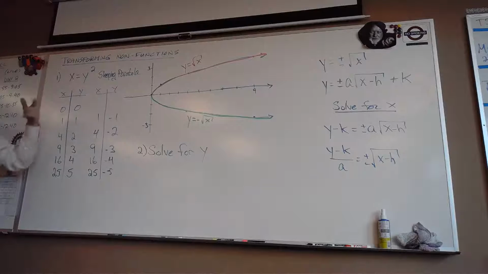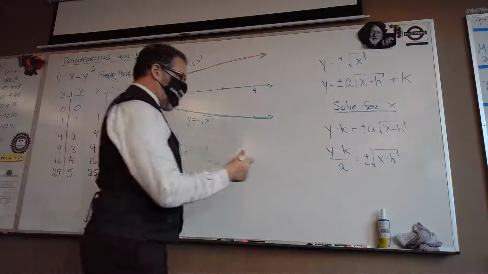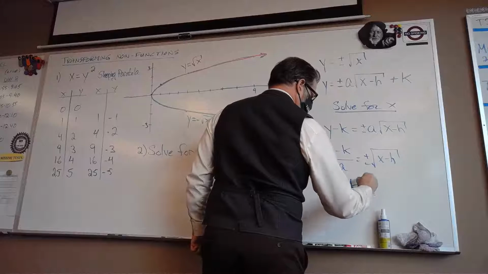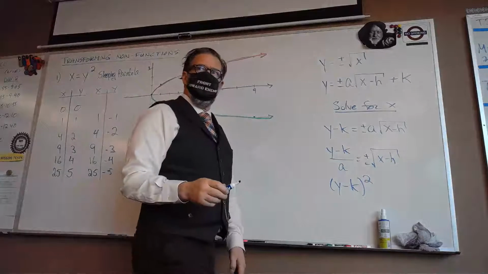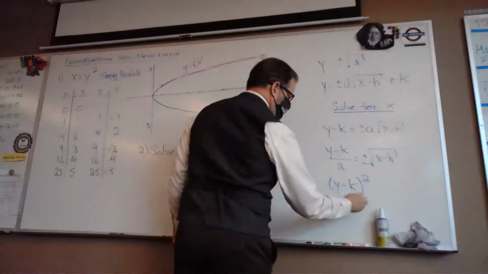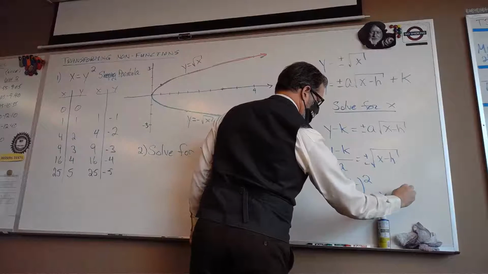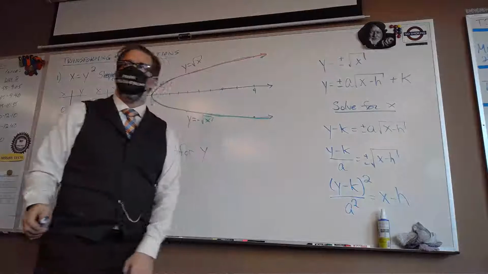Well, now that I'm squaring both sides, the plus or minus goes back away again. So what I now get is y minus k squared divided by a squared equals x minus h.